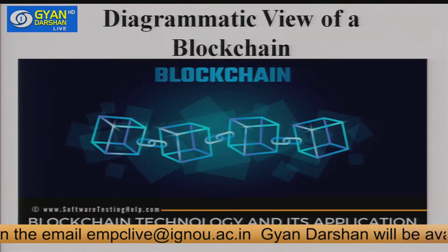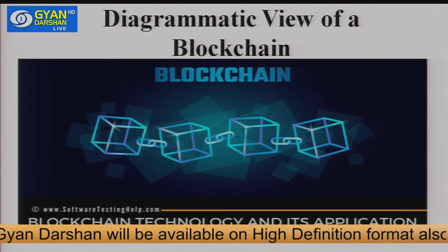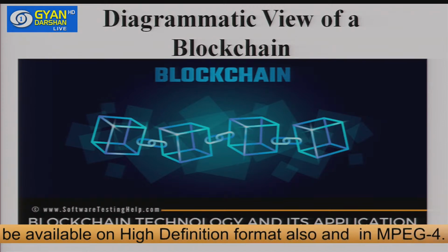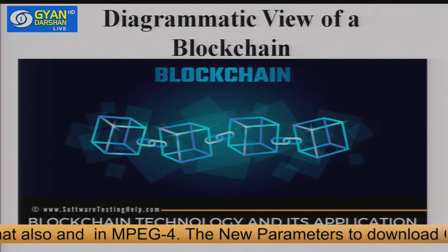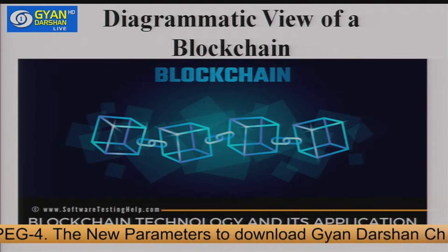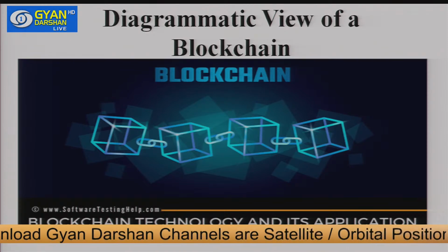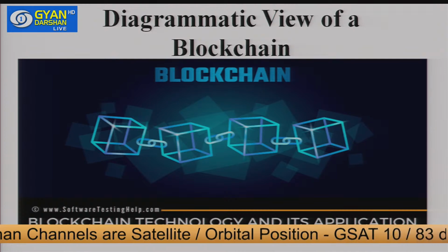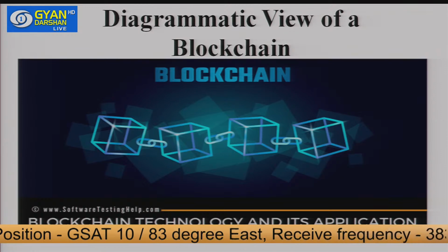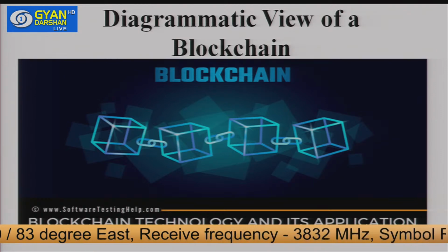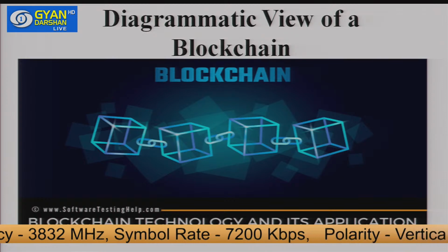In the diagrammatic view of blockchain, you can see there are 4 blocks and the links between them. That's why we call it a blockchain. So why is it of so much importance? Because any transaction that takes place, be it a banking, educational or energy transaction, anything, means a transaction between one person and another, one place and another, one farm and another, one industry and another, or industry to customers. There, trust is more important.